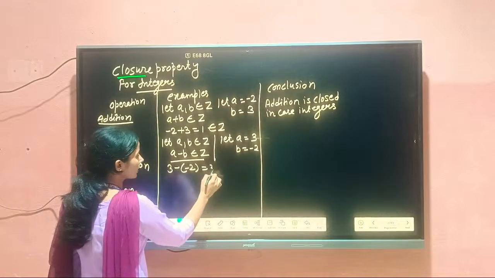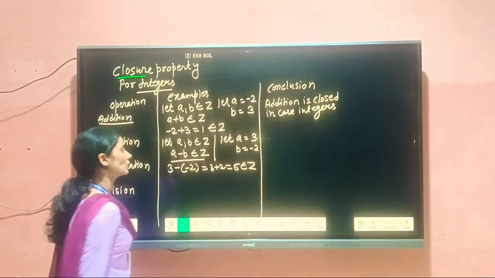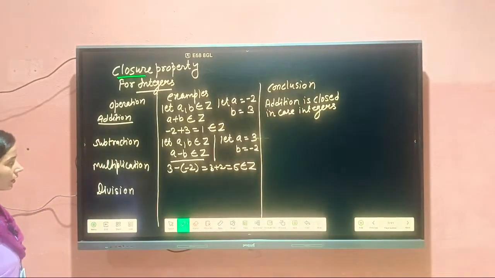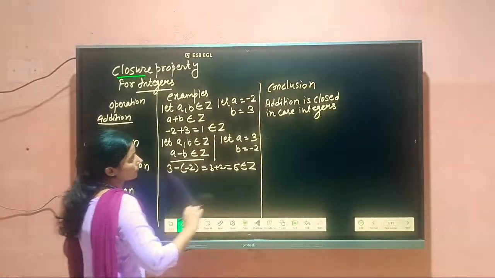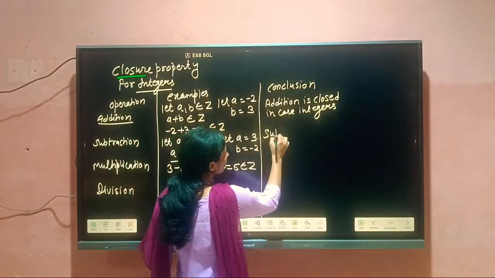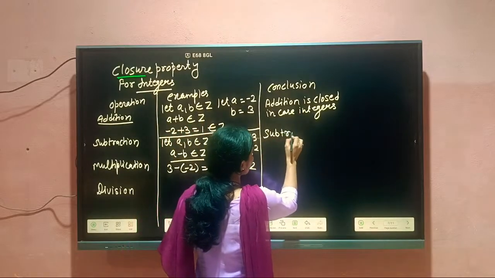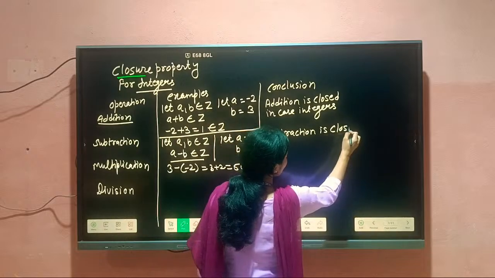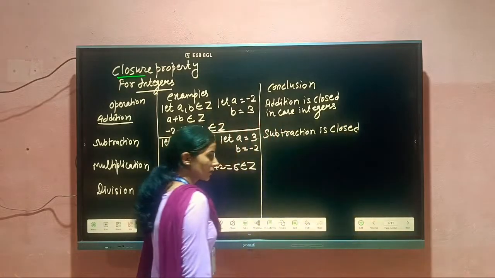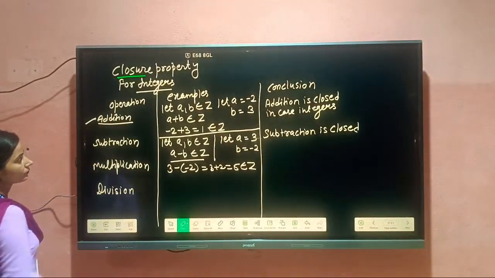What is the answer? 3 plus 2, the answer is 5, and 5 further belongs to integers. So subtraction is closed in case of integers.